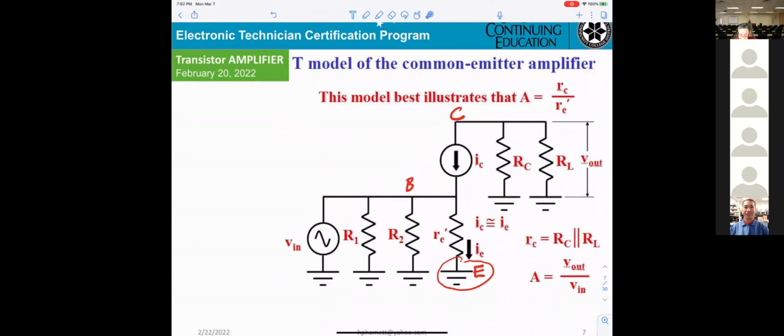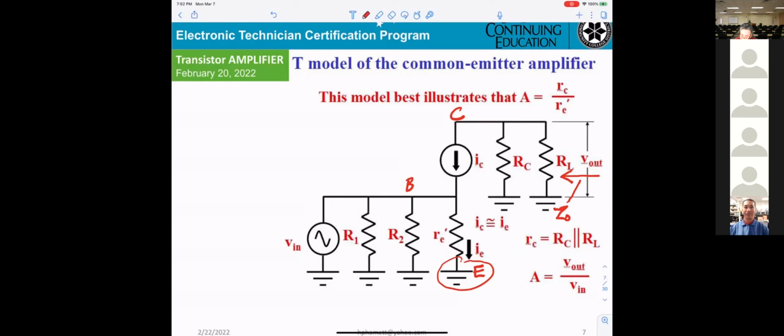Okay. So now, if you want to calculate the input and output impedance, you're looking at the output of the amplifier. Whatever you get, that's what they call Z out. Z out means output impedance. And if you're looking into here, easy, you can see RC and RL in parallel.